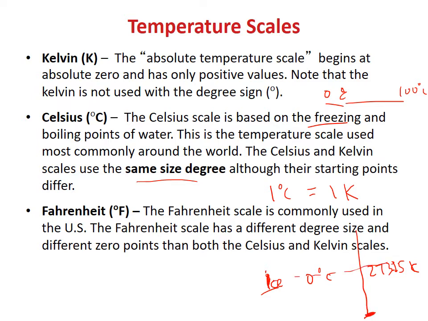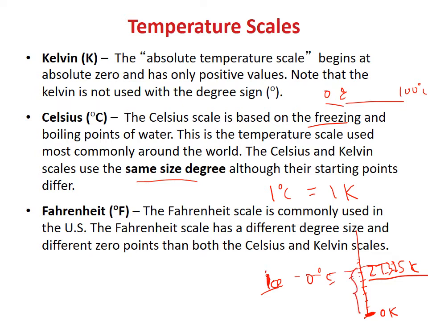So this is 0 Kelvin. When the ice melts, the temperature in Kelvin is 273 Kelvin. Each degree Celsius equals a Kelvin, so they have the same size.